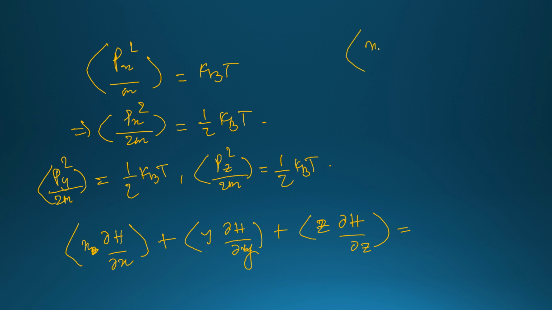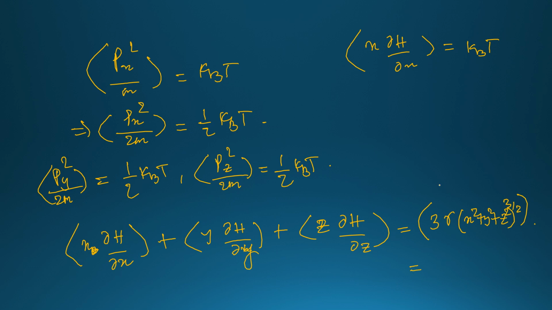This one, x del H by del x, was kBT. This is also equal to, with x squared plus y squared plus z squared to the power 3 by 2, kBT plus kBT plus kBT.